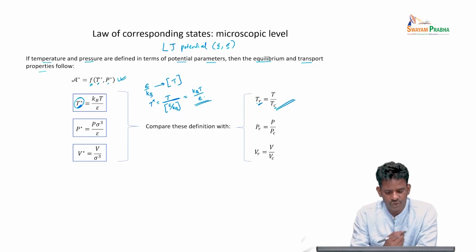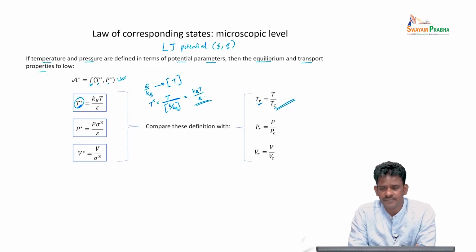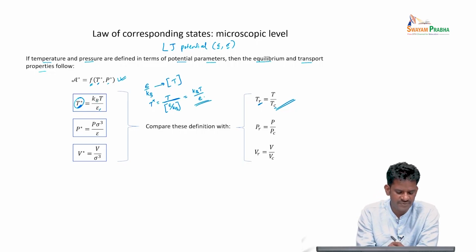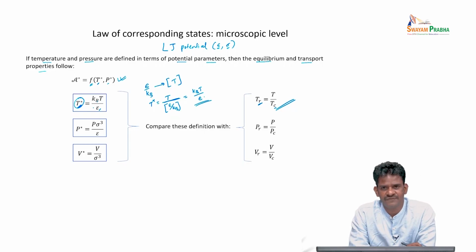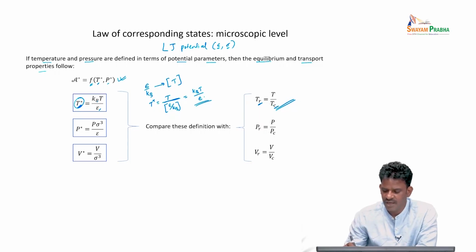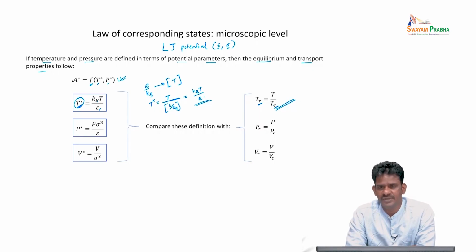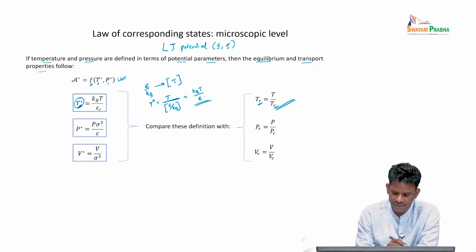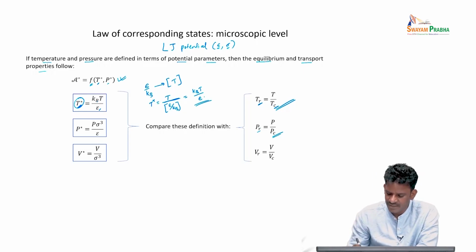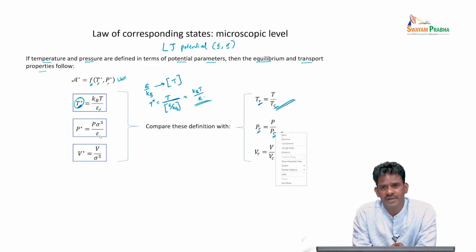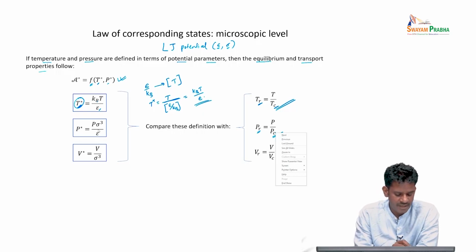You can see that the choice of parameters to reduce could be different. In this case, we are using epsilon by kB as a normalization factor for temperature, whereas here we are taking the critical temperature, which is experimentally available in many systems. Similarly, for pressure, we had initially discussed that pressure can be reduced with respect to the critical pressure, but in the molecular potential parameter space, you can define the reduced pressure as P times sigma cube by epsilon.